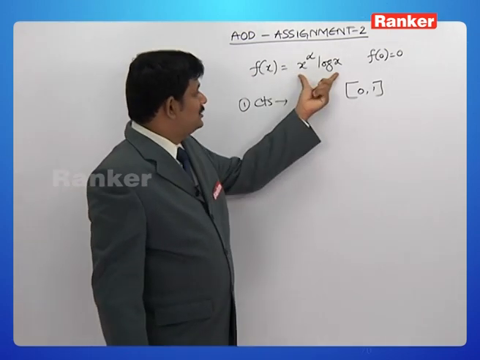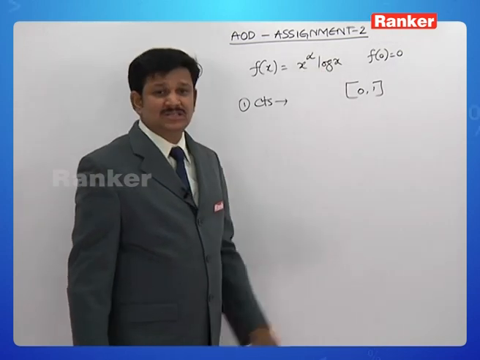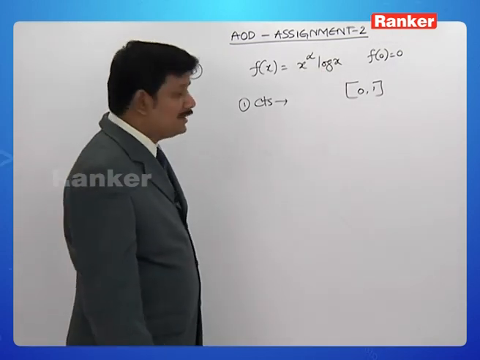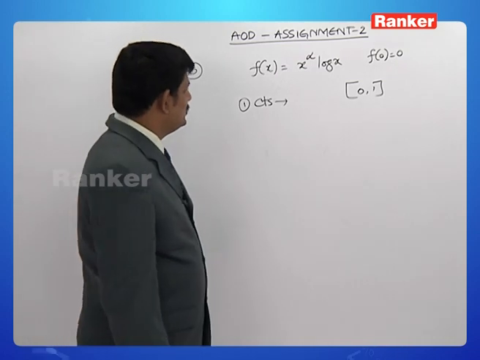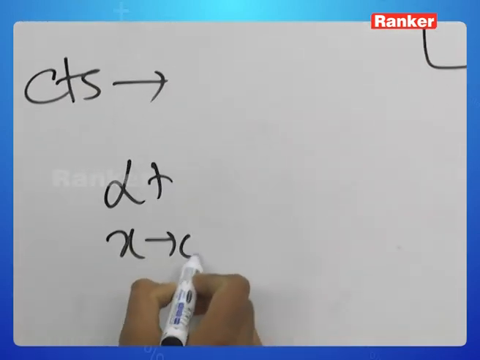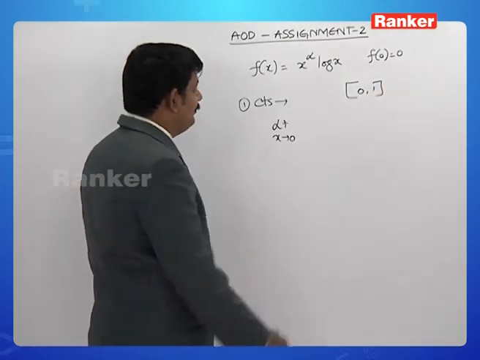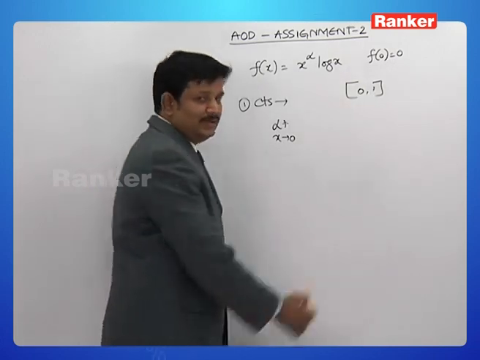So in open 0 to 1, the function x power alpha into log x is continuous, but we need continuity in the closed interval 0 to 1. Because we want it to be continuous in closed 0 to 1, we need to check right continuity at 0.